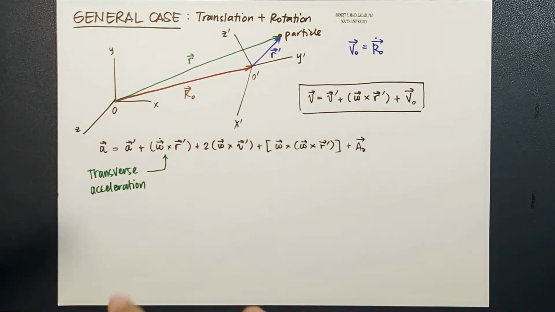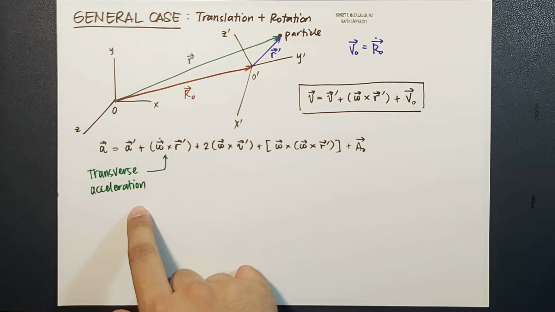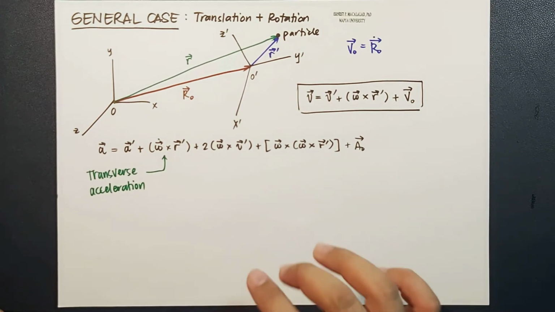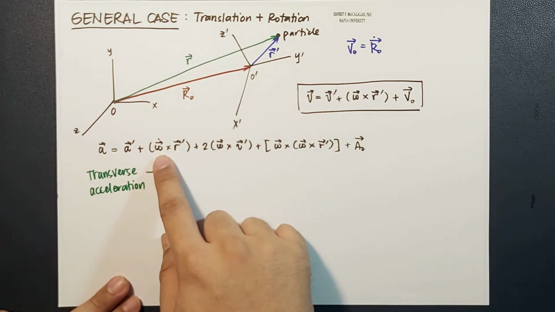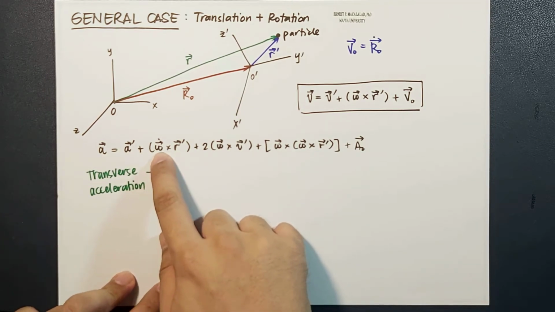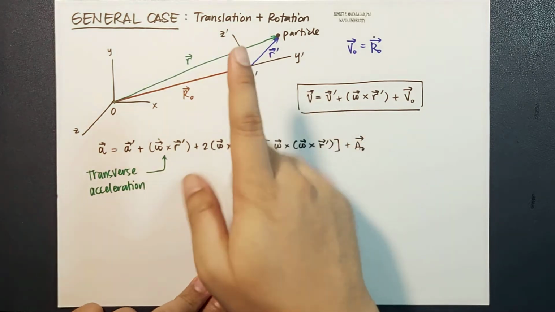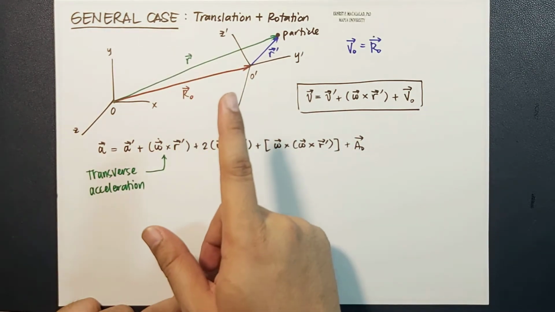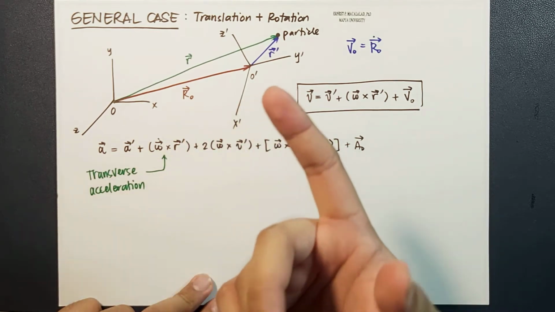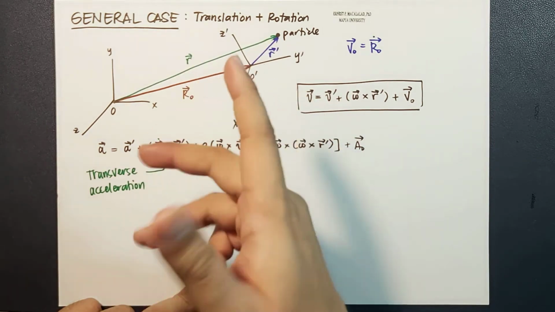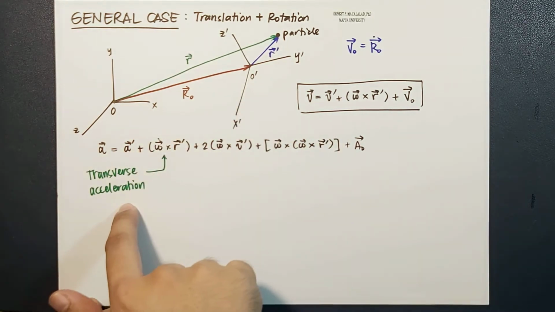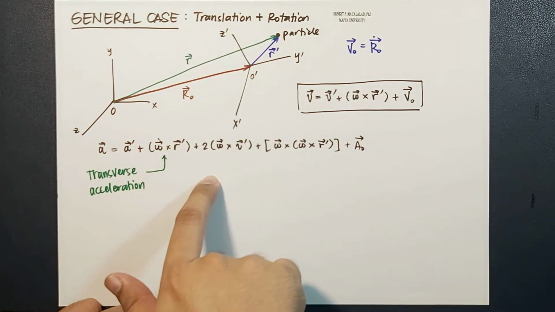This acceleration is essentially a result of any angular acceleration of the rotating system. So if the axis of rotation or the angular velocity of your rotating system changes, transverse acceleration will be present.